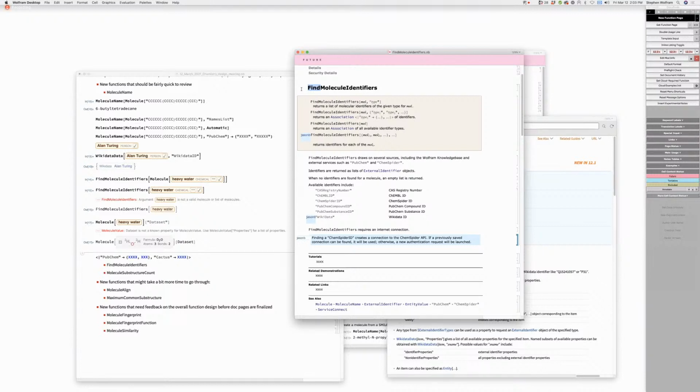I see where Stephen's coming from, because anything that's not the chemical name or the chemical formula is a molecular identifier, strictly speaking. But the identifier in the function name refers to the external ones. So unless we said molecule external identifiers, which would clarify what that is.